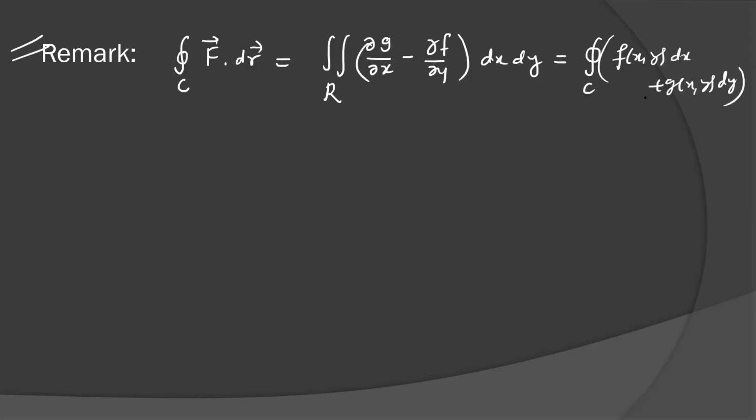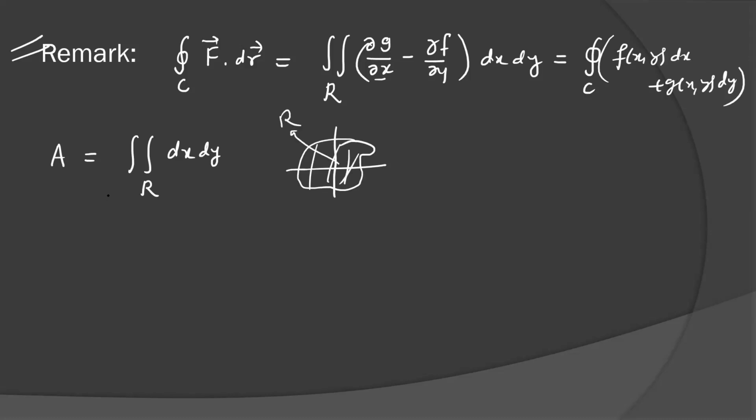For this theorem, we need f, g, del f by del y, del g by del x continuous over region R. We know that the formula of area in two dimensions was the integral of dx dy over region R. If you have a region R, then this integration of dx dy represents the area of the region R bounded by the curve C.